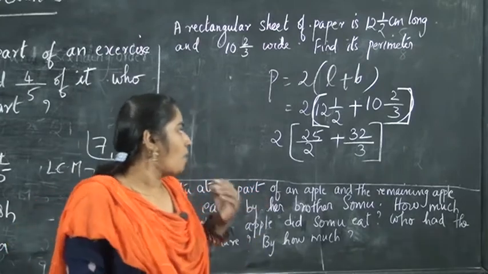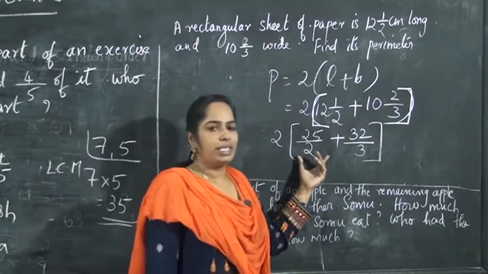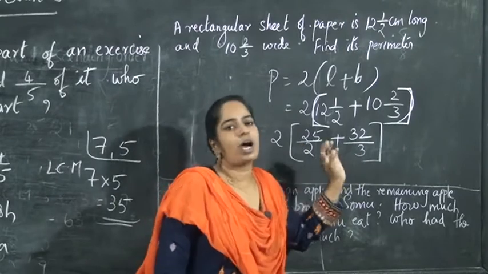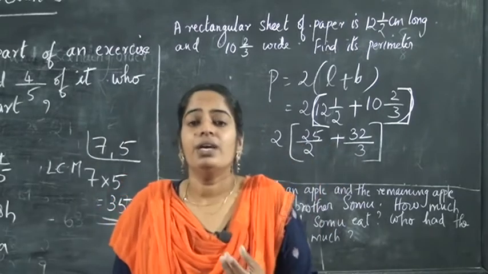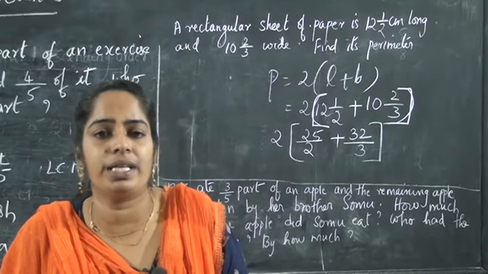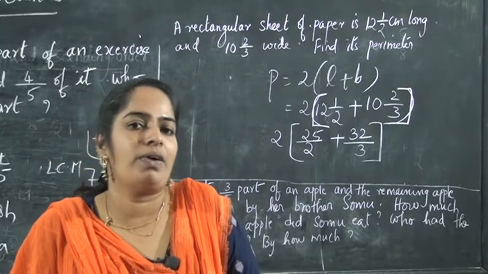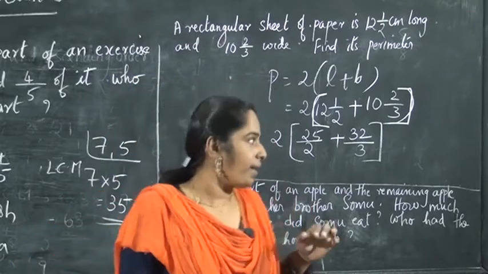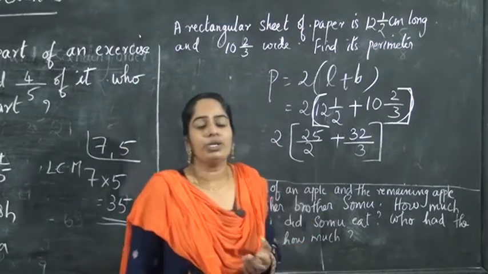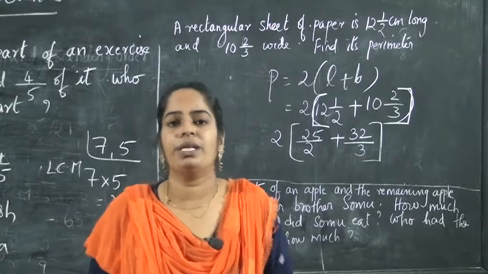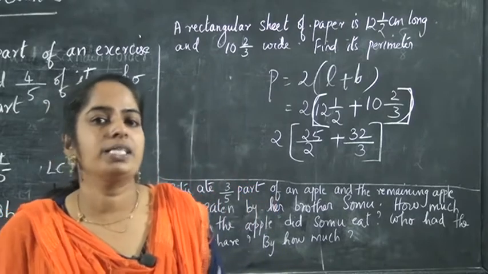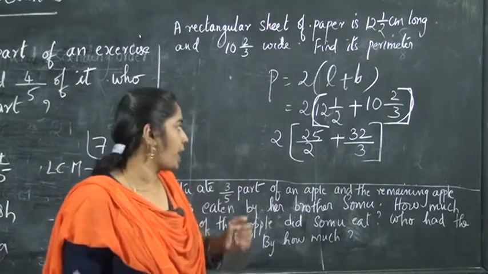So how will you find this? Here the denominators are different. So again we want to make the denominator the same, isn't it? Otherwise we will not be able to add. That is a rule here. If we want to add or subtract, the denominator must be the same. Otherwise we are not able to add, subtract or compare.